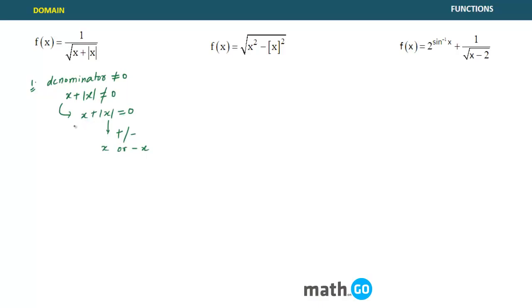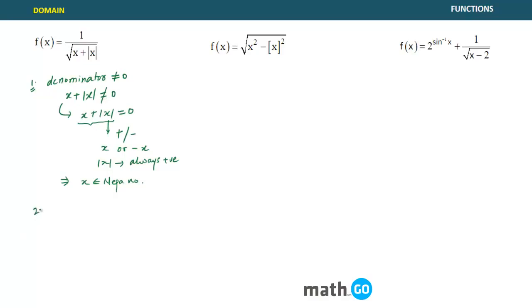We know that mod x is always a positive quantity. So if x is negative, then only you will get 0. So this will not work when x is a negative number.